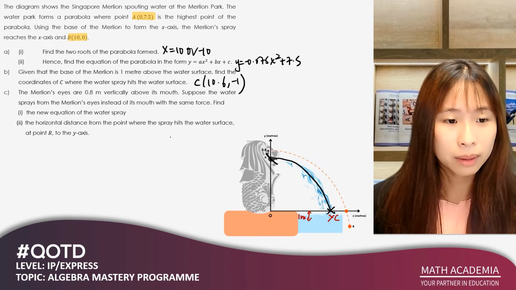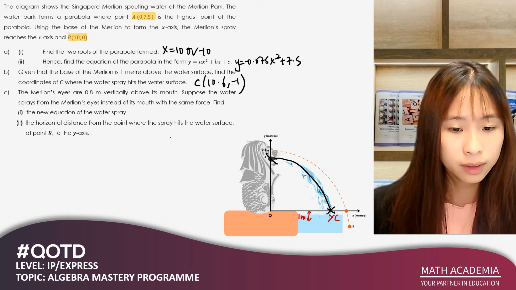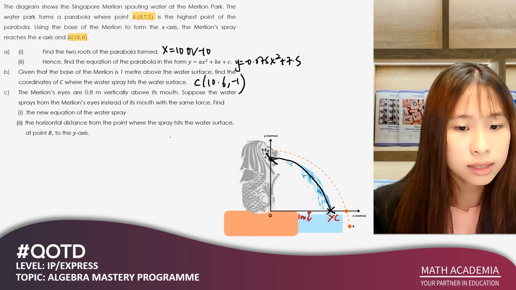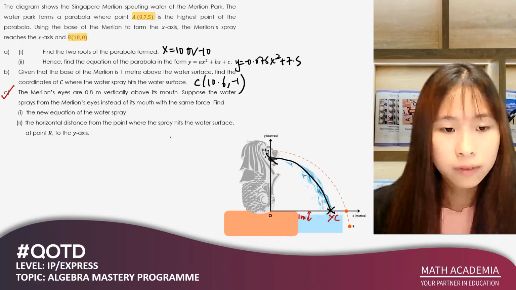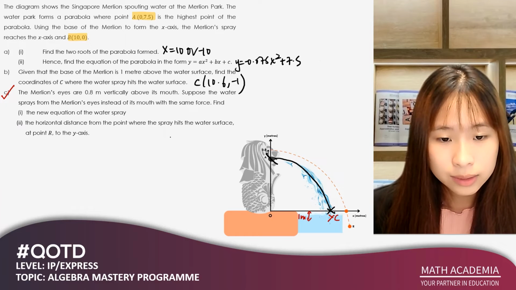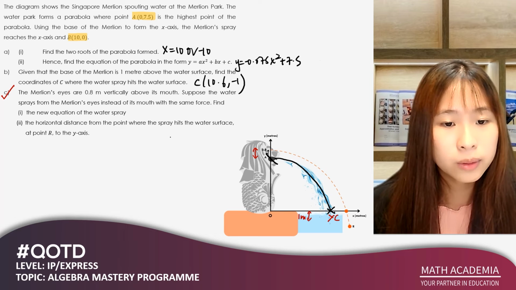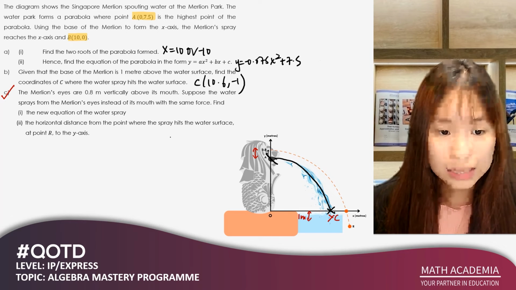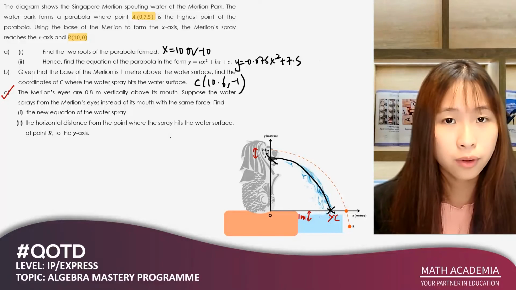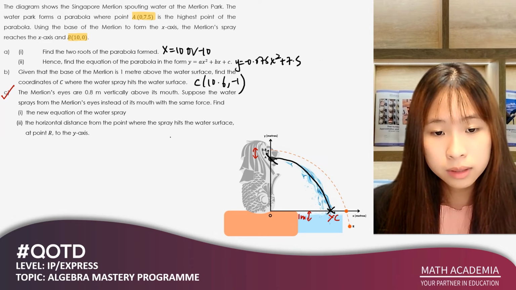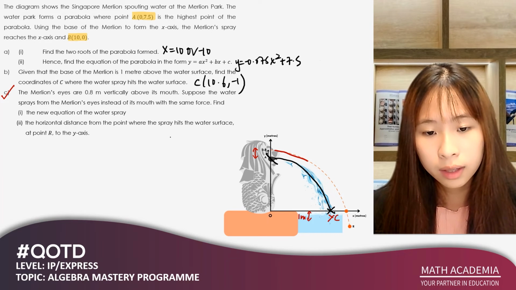Okay, let's take a look at part C together. Given that the Merlion's eyes are 0.8 meters vertically above its mouth, so this distance is 0.8. Suppose the water sprays from the Merlion's eyes instead of its mouth with the same force. So this becomes the new equation.